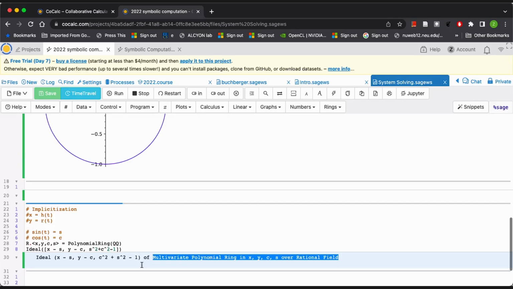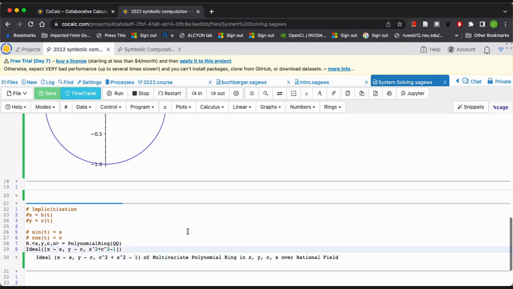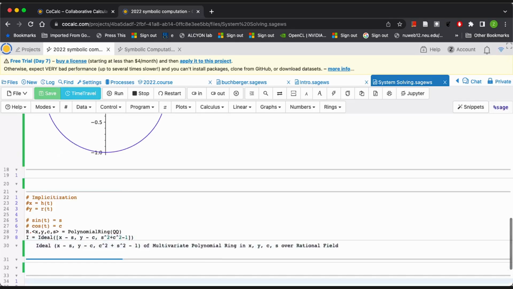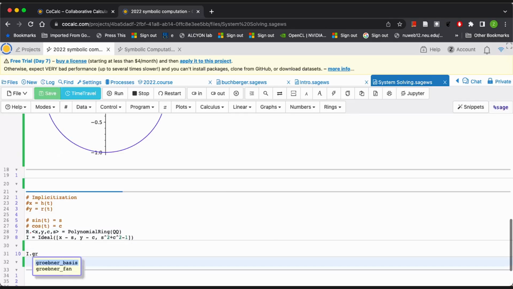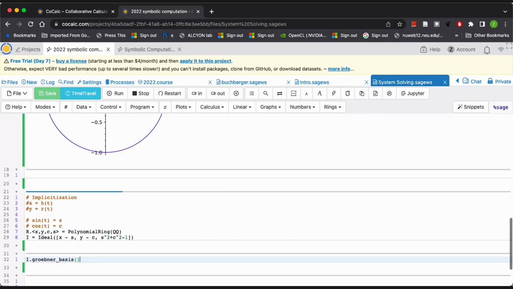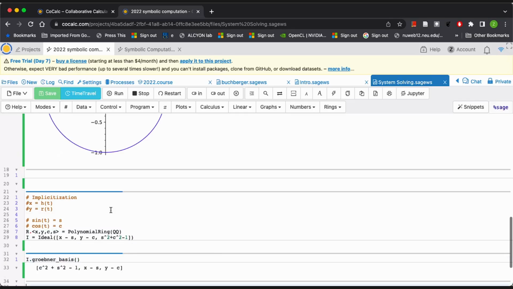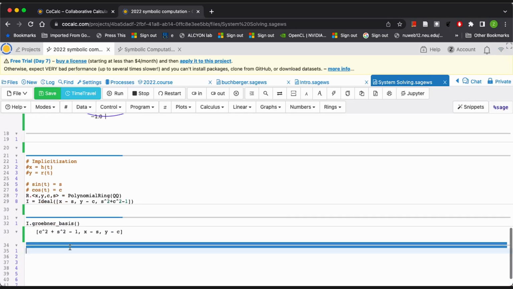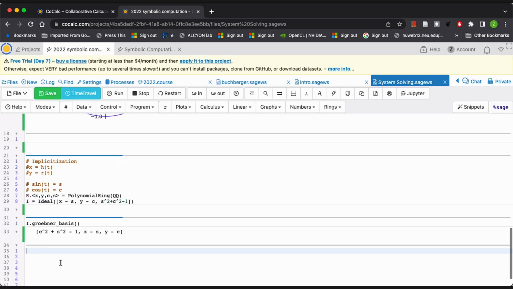And what do we do when we have an ideal? Let's call it I. We want to find a better basis for this ideal. What is a better basis? It's a Gröbner basis. So this is a Gröbner basis. Wow, apparently this is itself a Gröbner basis, right?